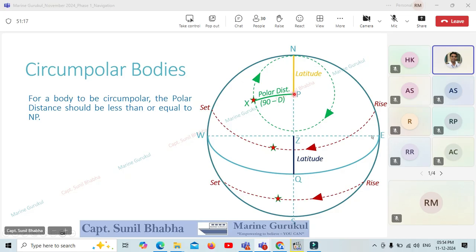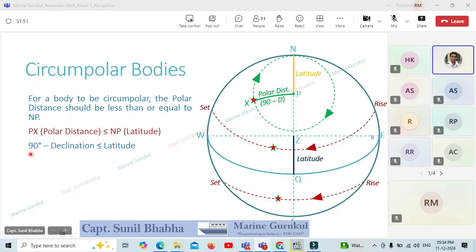That is, the polar distance of the body should be equal to or less than the elevation of the pole, NP. Now, NP, or elevation of the pole, is equal to the latitude of the observer. So we now come to this relationship that PX, which is the polar distance, should be less than or equal to NP, which is the latitude. Now polar distance is equal to 90 minus declination.